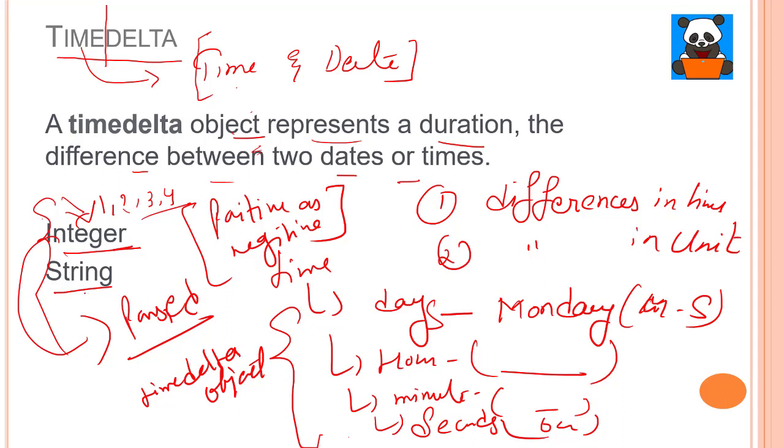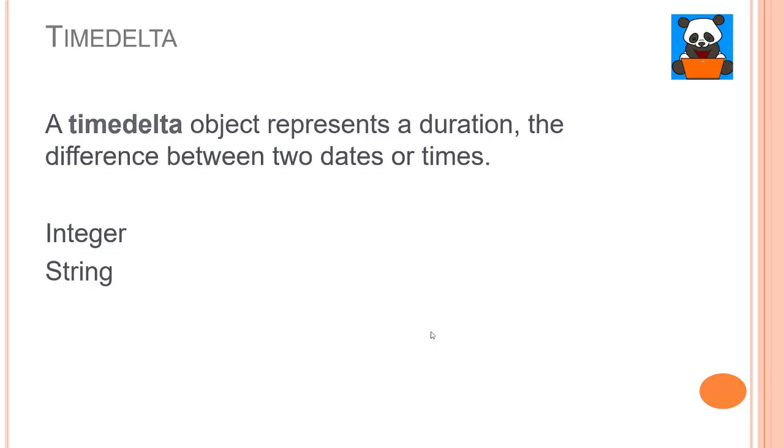Let's see the syntax first, how we have to create it with the help of an integer as well as a string. Suppose you want to use an integer with time delta, how do we take it?